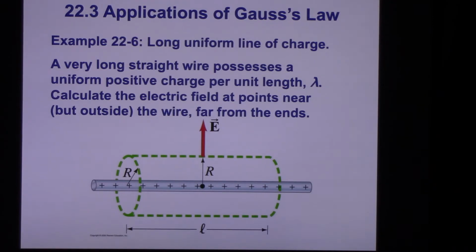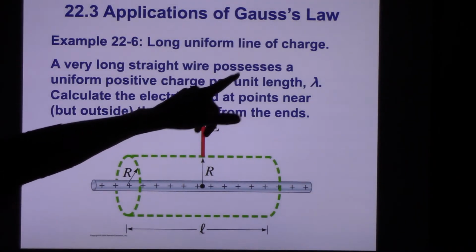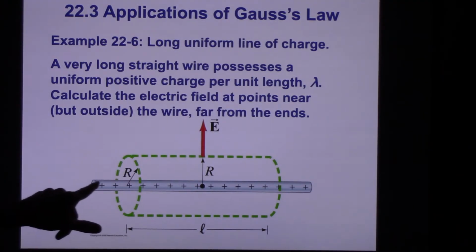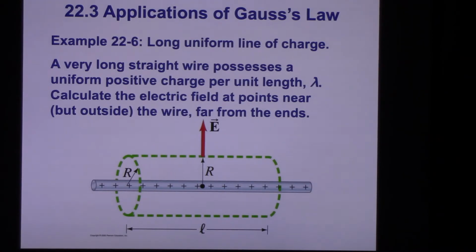We find out for those, Gauss's law provides us only an approximation. So these are not exact formulas that we're going to end up with. We're just going to end up with approximations on these. So here is a long, uniform line of charge that provides us with a cylindrical distribution of charge.